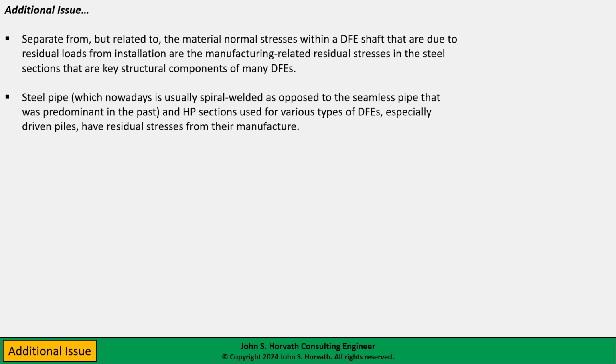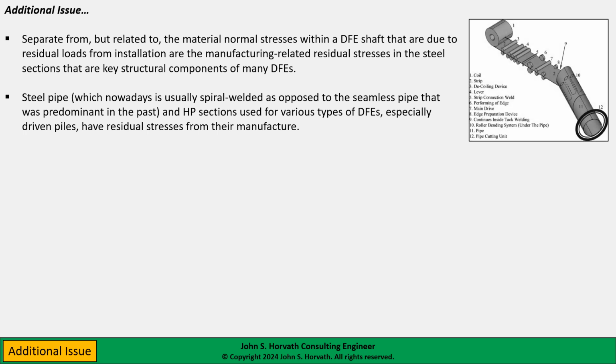I'll just digress and say that when I started out my professional career in the New York City area in the early 1970s, many organizations did not allow spiral welded pipe for deep foundation elements. They insisted on seamless pipe, and that's because spiral welded pipe had a bad reputation at the time of the welds not standing up to pile driving stresses.